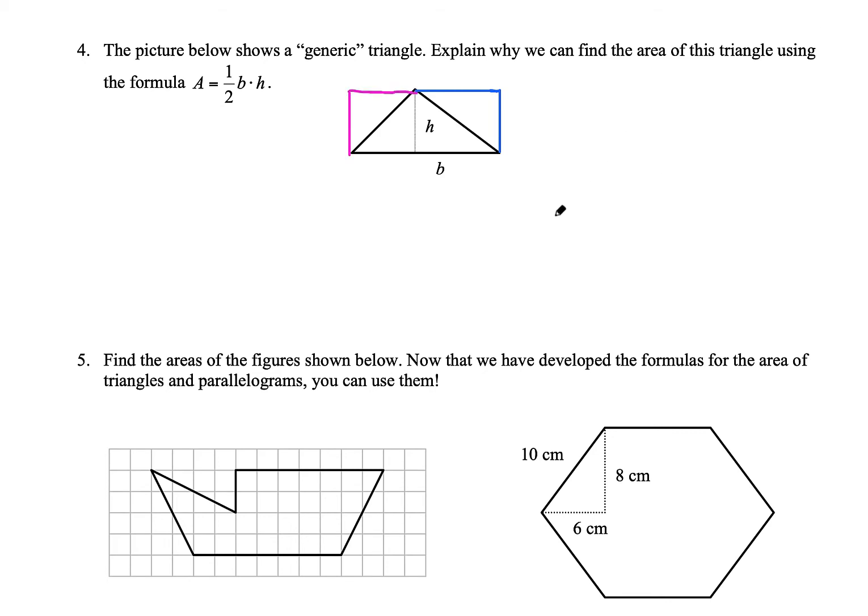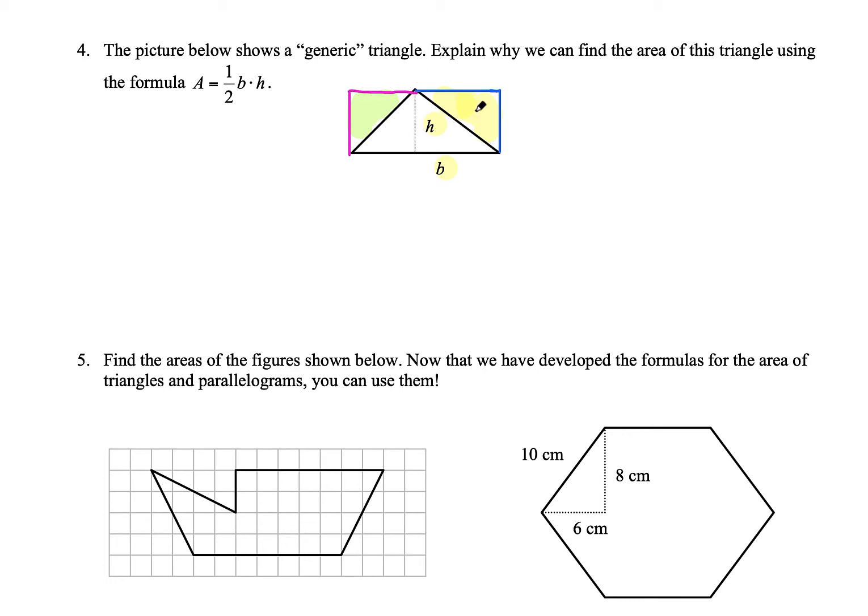All right, so we can see that by doubling this half of the triangle and also doubling this half of the triangle, we've created a rectangle that has the area of base times height.